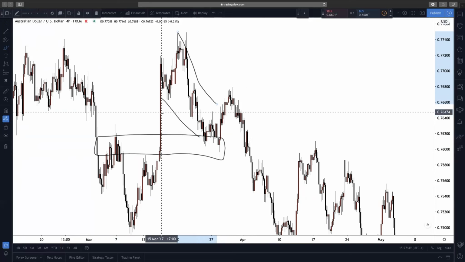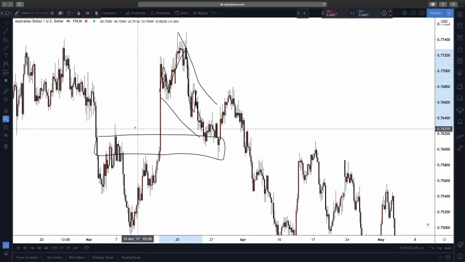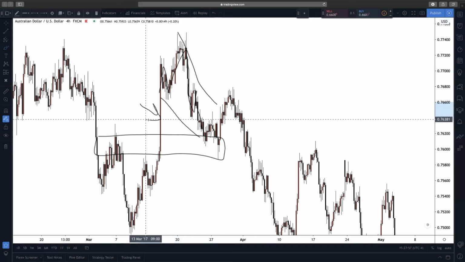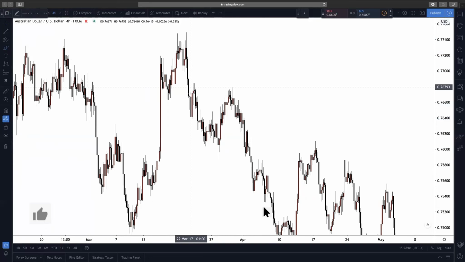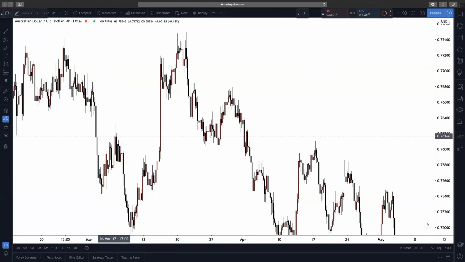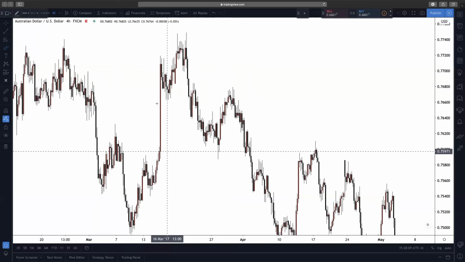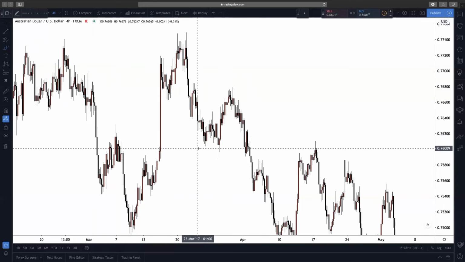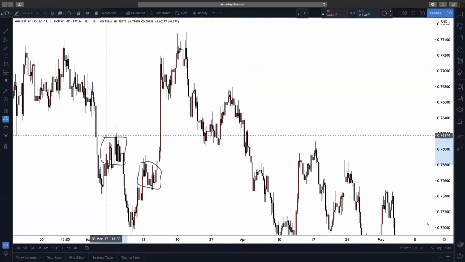So the intention of this correction downwards is to fill the inefficient price action here toward the left, right? So once this is filled, then you will see the intended direction of the market once it gets to the structure that was previously broken, not this one, but the higher one over here, right?